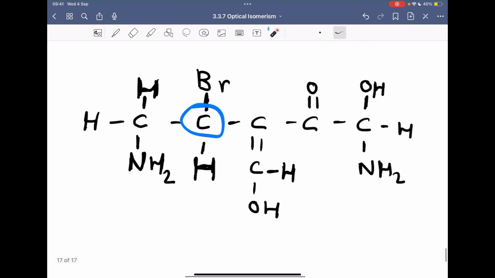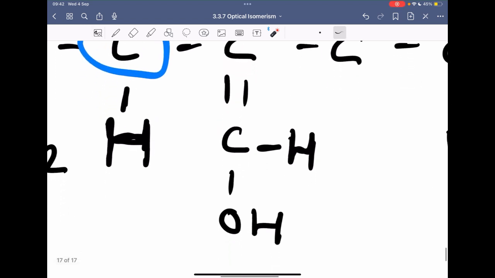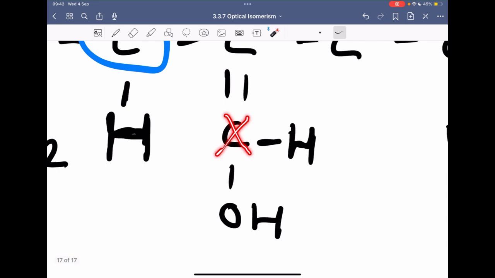Okay, now here, now you have a double bond, right? One of the carbon atom has a double bond. Immediately when it has a double bond, you know it's not going to be a chiral carbon, because you can only have a maximum of 3 groups then. Okay, but you need 4 different groups. So this one is not a chiral carbon. Same thing with this one, because it's attached to a carbon atom with a double bond as well, the same one.